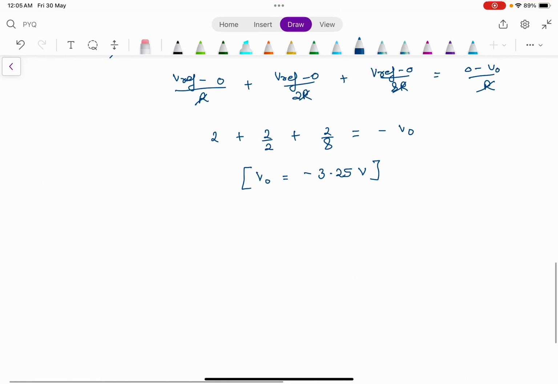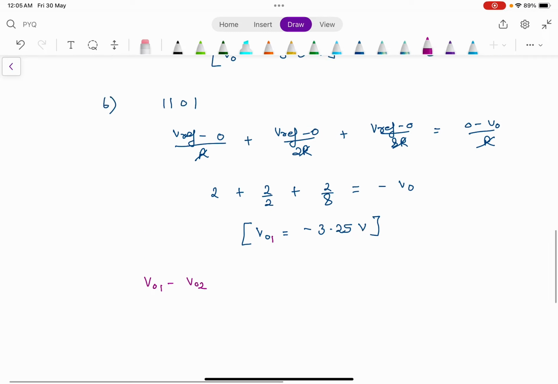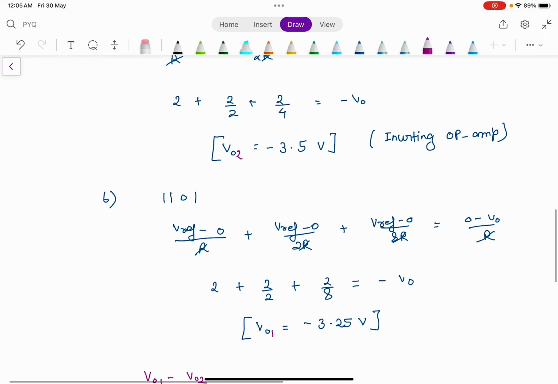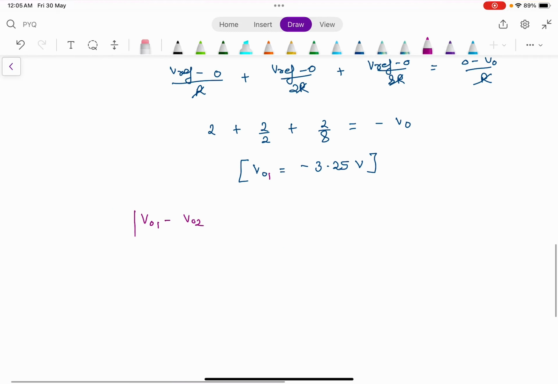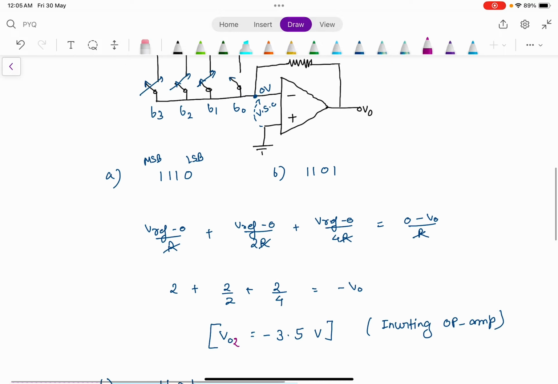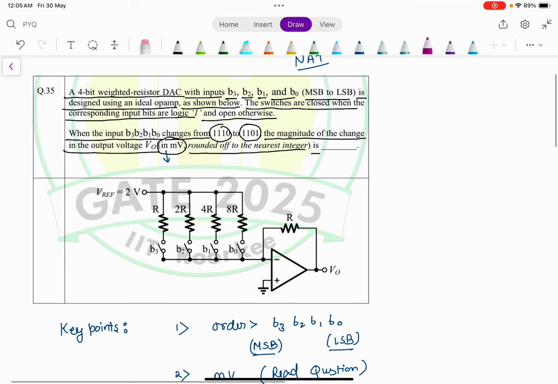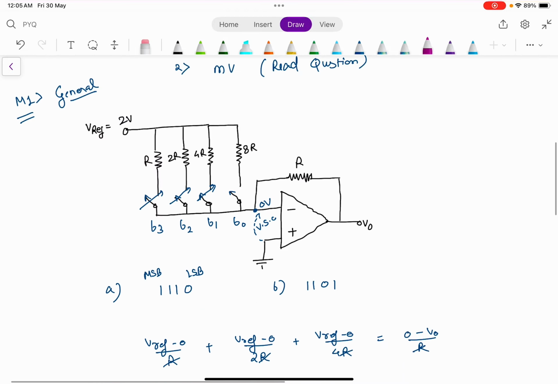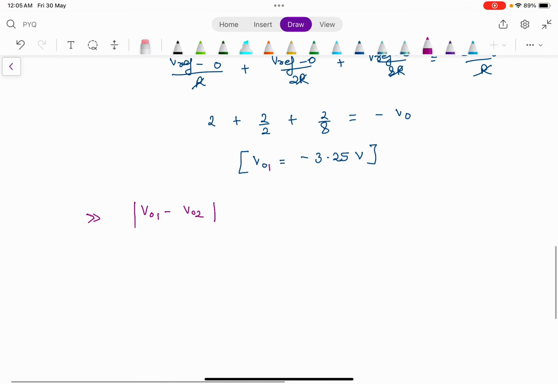So now take the difference between V01 and V02, let's say this is V01 and this is V02. The third most important thing asked is that the answer is the magnitude of the change in the output voltage. So irrespective of which one is greater, you have to take the magnitude.